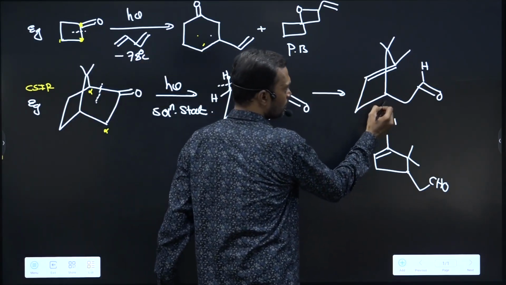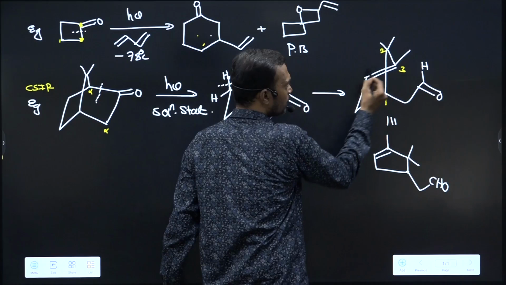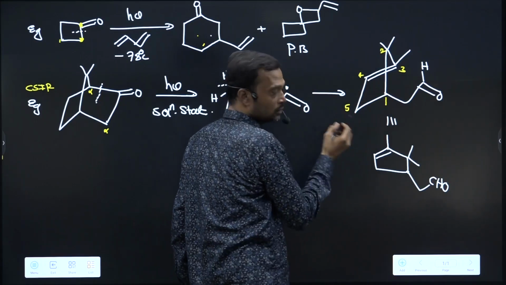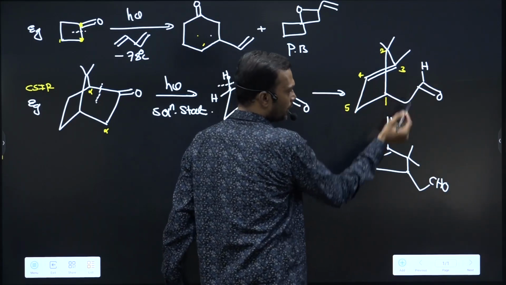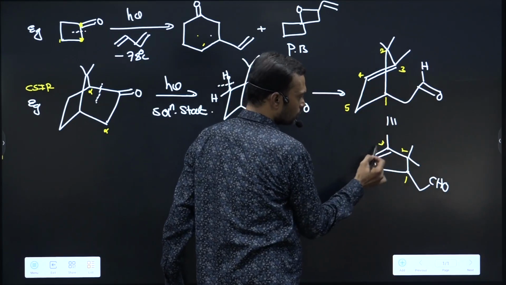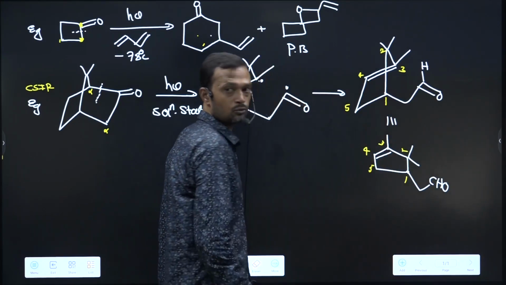Just assume this is 1, 2, 3, 4, 5. 5-membered or not? First carbon carries CH2 aldehyde. 1, 2, 3, 4, 5. Like that you can confirm.